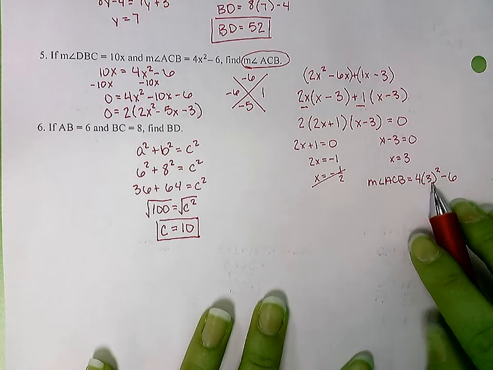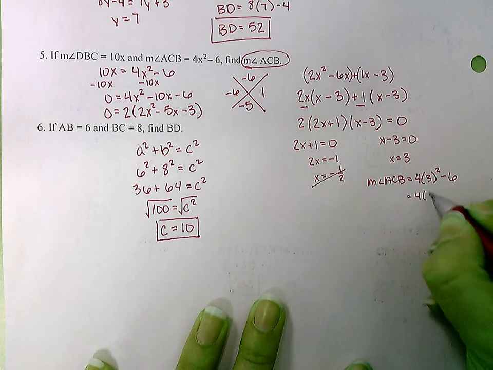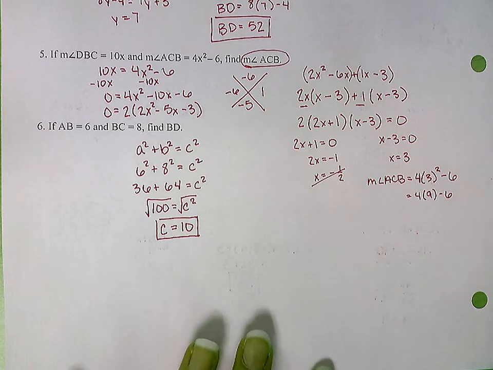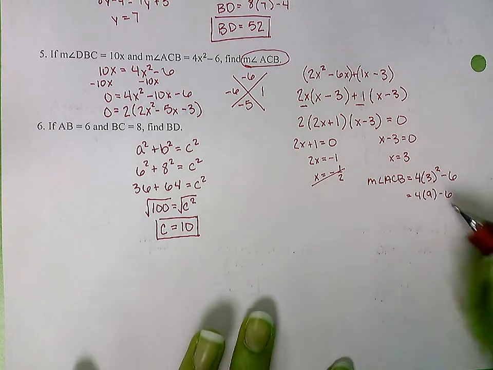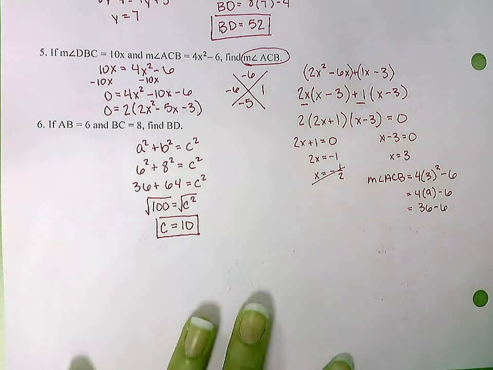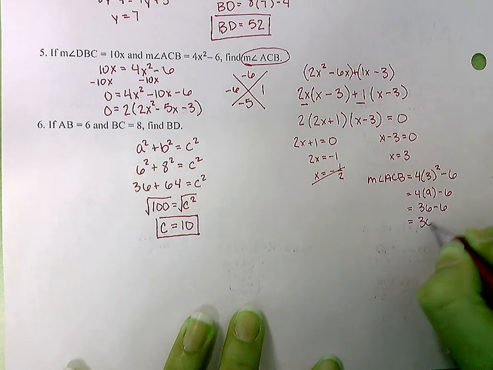Okay, I need to square my term first. So I have 4 times 9 minus 6. Then we can multiply. That's equal to 30 degrees.